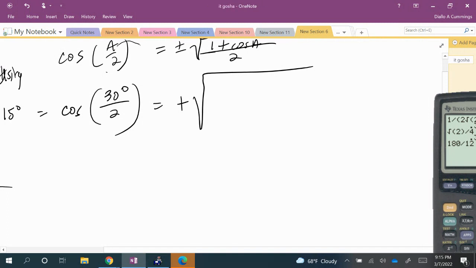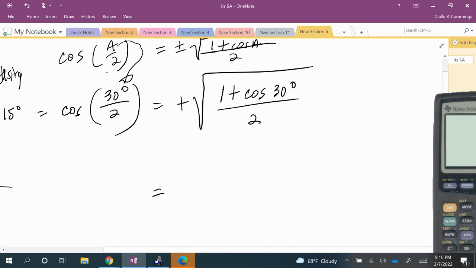Right, so in the formula, I'm simply going to substitute a for 30 degrees. So I have 1 plus the cosine of 30 degrees divided by 2. So what is the cosine of 30 degrees?